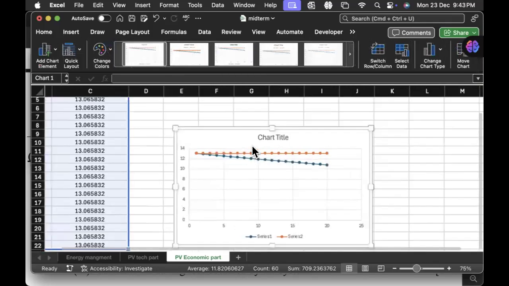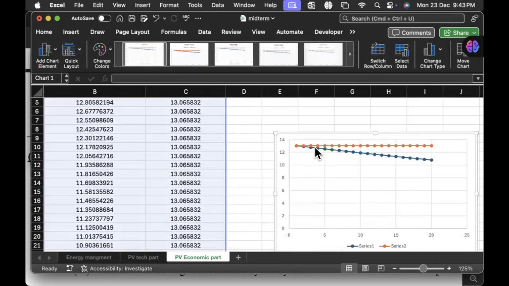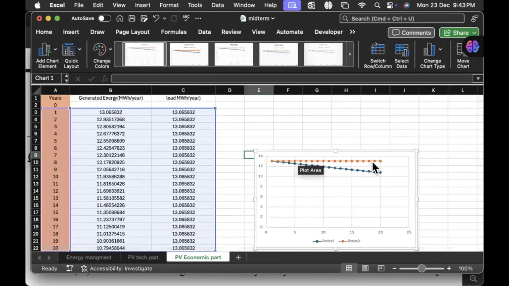So here you can see it, my dear students. The one in orange represents the energy expected by the load. And the one in blue represents the energy expected to be generated. And as you can see, going through the 20 years of the system, there is a gap between these two. And here you have to take a decision.